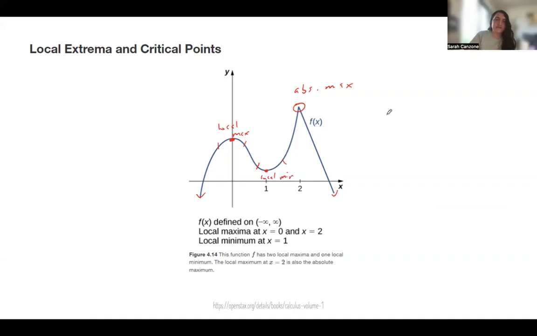And in fact, if you were to take the derivative of this function, if you actually knew the equation of it, you would get 1, 2, 3 points where f prime of c would be 0. If you recall, this is what's called a cusp. So this is undefined. This does not have a slope equal to 0 because it doesn't have the left-hand limit equal to the right-hand limit, but these two would.